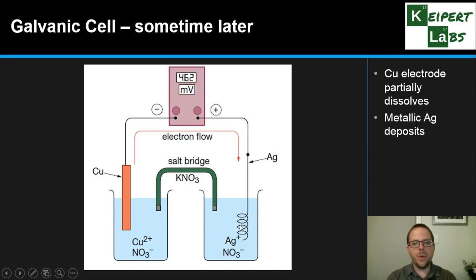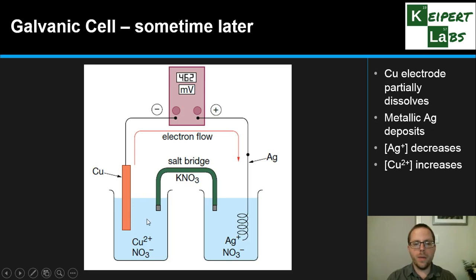Over on the silver side, we would have metallic silver depositing in the form of crystals on the surface of the wire. The concentration of the silver ions on this side would decrease. They're colorless, so we wouldn't notice that, but we could measure it. Whereas the concentration of copper 2+ over on this side would increase, so it would become a stronger blue color over time.